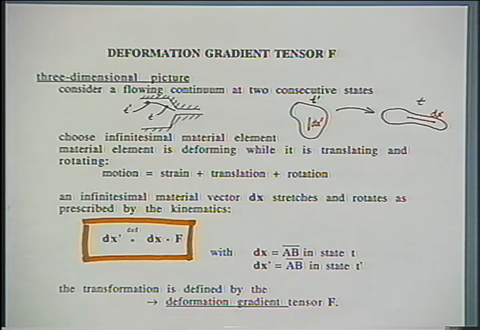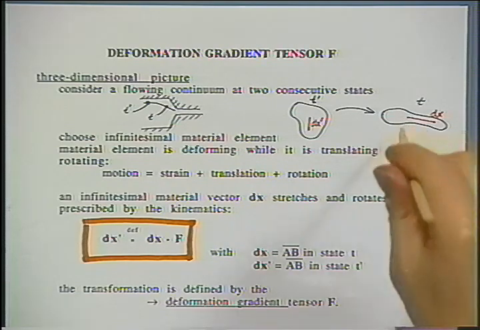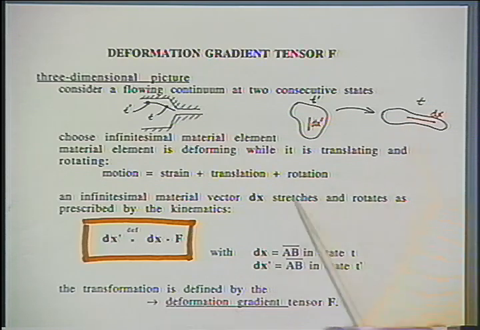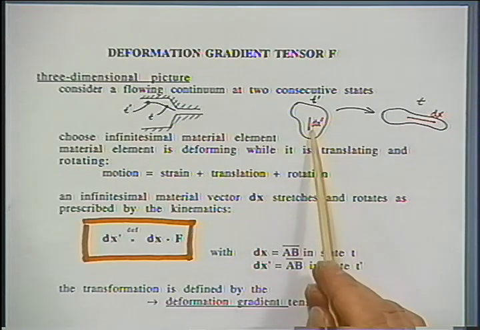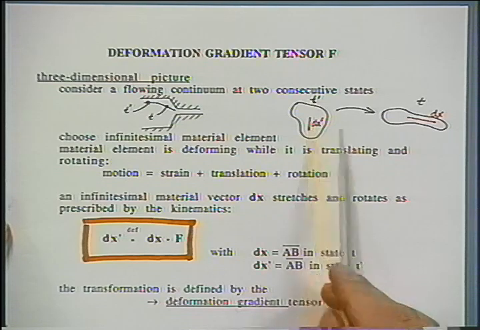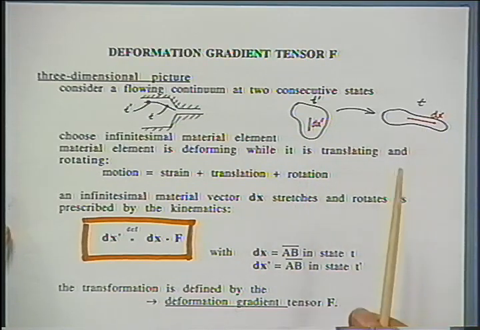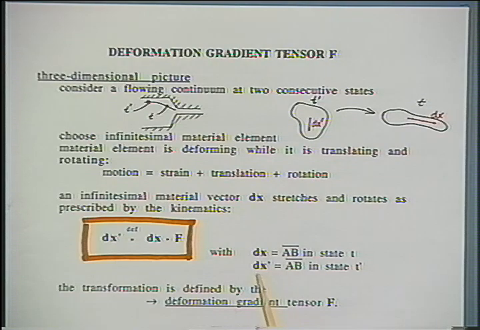A vector is defined by its magnitude and by its direction, but it will not tell us where this material element is. So when looking at dx prime going to dx, we were talking about a length change and an angle change. This line is rotating.